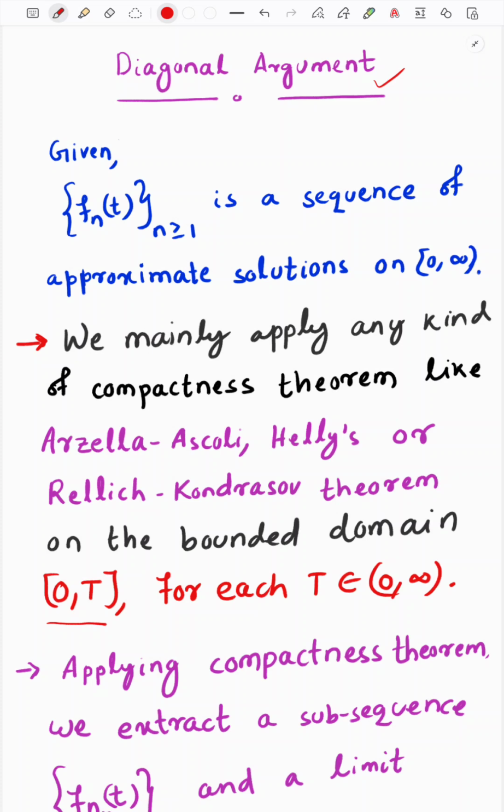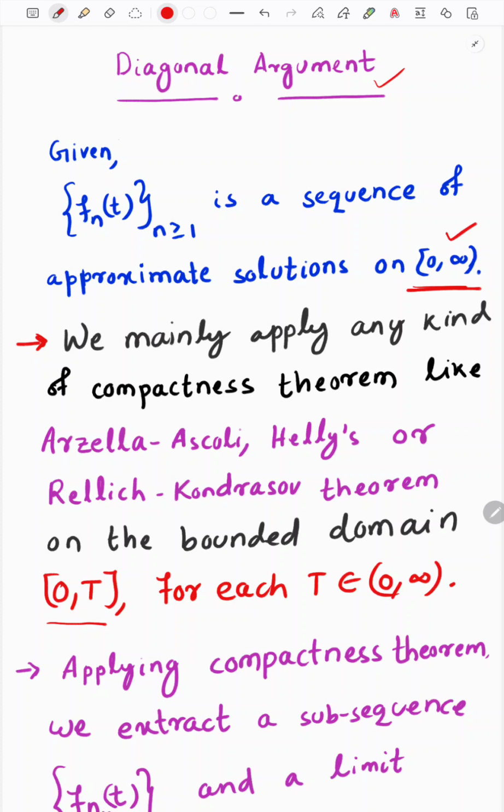This is the concept. But here the main problem is that when we generate a sequence of approximate solutions, suppose it is given on the unbounded domain 0 to infinity.